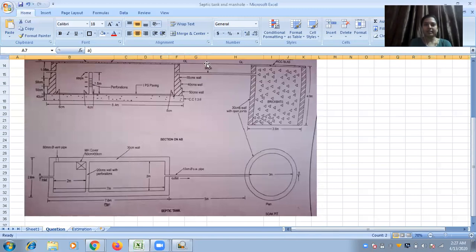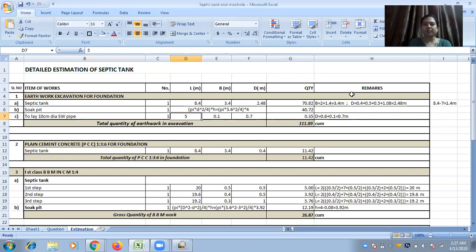Below the ground level it is 60 centimeter, that is 0.6, plus diameter of the pipeline, that is 10 centimeter, that is 0.1. Altogether it will be 0.6 plus 0.1, that is 0.7 meter. So this is the calculation to lay the connecting pipeline. So if you add all these three, you will get total quantity of earthwork in excavation as 111.89 cubic meter. This is the calculation of earthwork.